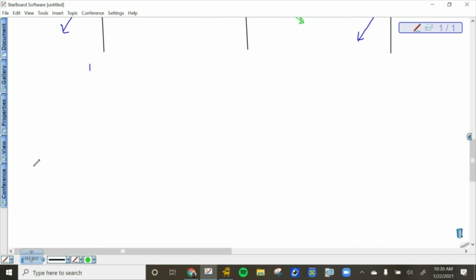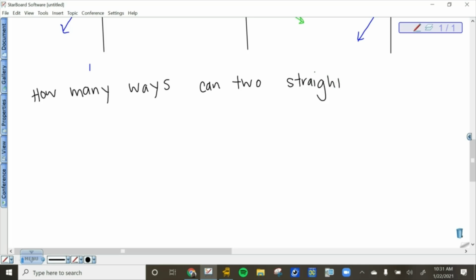So think about how many ways two straight lines can cross.